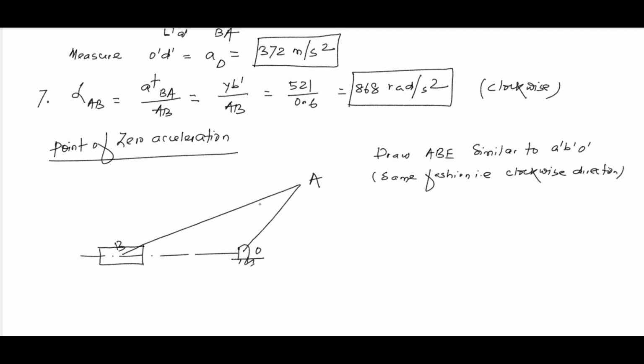Means capital AB is your A dash B dash, then you can take another point E here. So this will be your point E as per the same scale used in the acceleration diagram, A dash B dash O dash. Now you join EA here and hatch this portion.